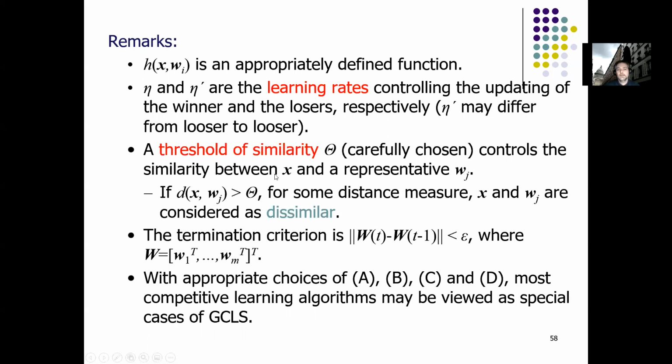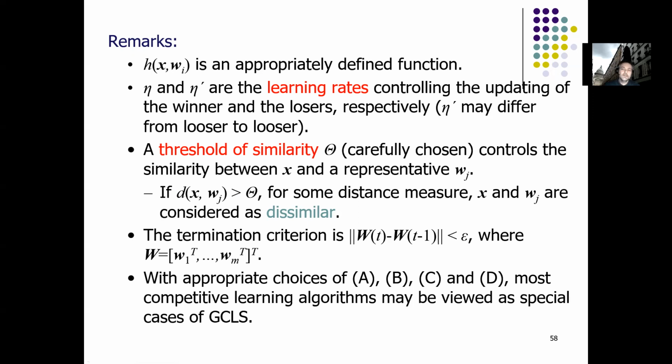Defining similarity is another parameter, and there are different ways to do that. We can also define a threshold of similarity and use it to compare the distance measure that we're using against the similarity threshold we have specified. And for termination criteria, we can compare the weight updates and see whether the weights are updated enough. This is done by comparing the values of the weight vectors against some kind of threshold again.